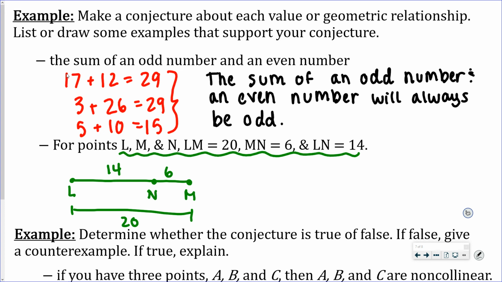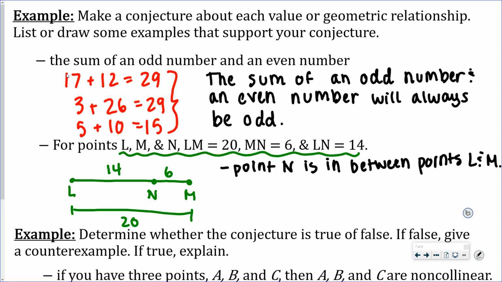Some possible conjectures I can make based upon this is that point N is in between points L and M. That could be one educated guess based on the information you're given.